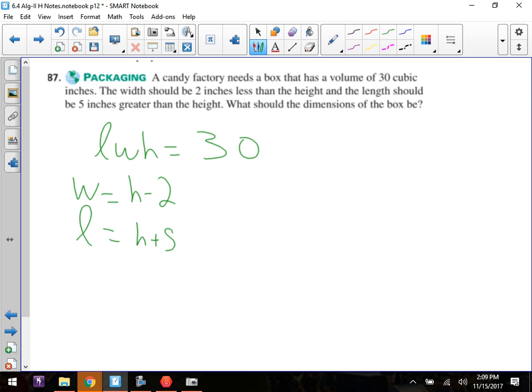You wind up with H minus 2, H plus 5 is 30. Distribute and go. And I think this one wasn't as clean of a number. I think your roots were plus or minus root 10. Yeah, so your H value would be like the square root of 10, so some decimal like 3.3 or 3.2 or something like that. Okay. But you do basically the exact same thing.